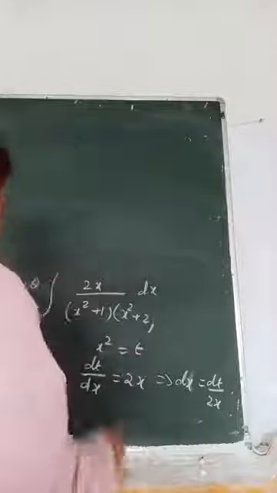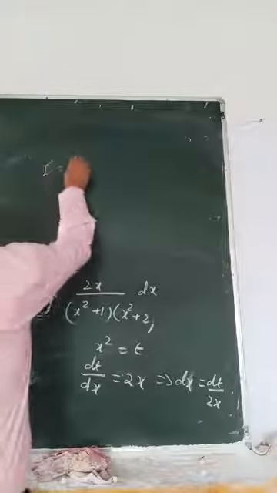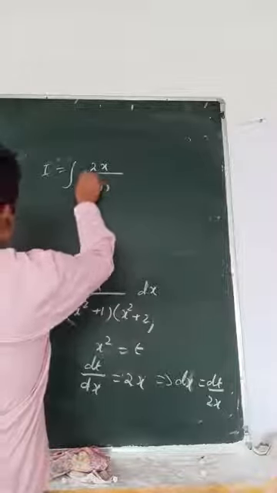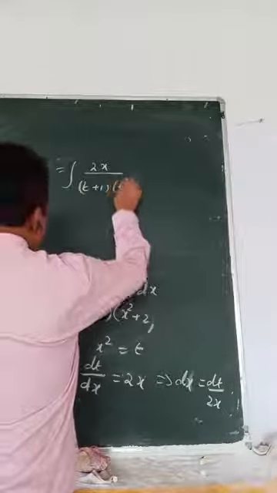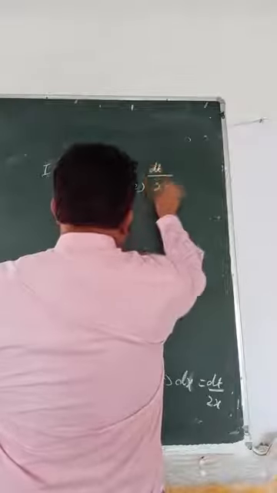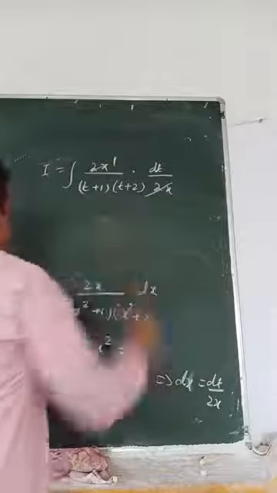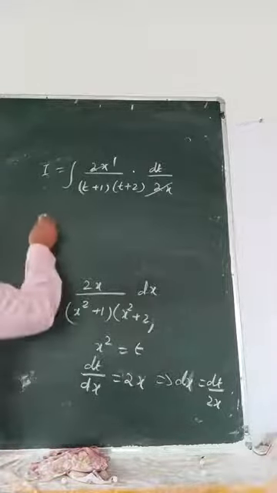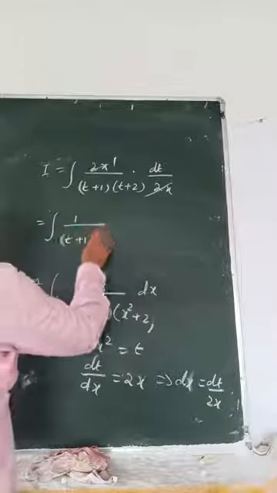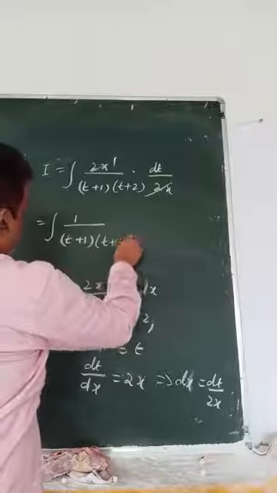So I equals 2x by (t plus 1)(t plus 2) into dt by 2x. Look, this is cancelled. So it became 1 by (t plus 1)(t plus 2) dt.